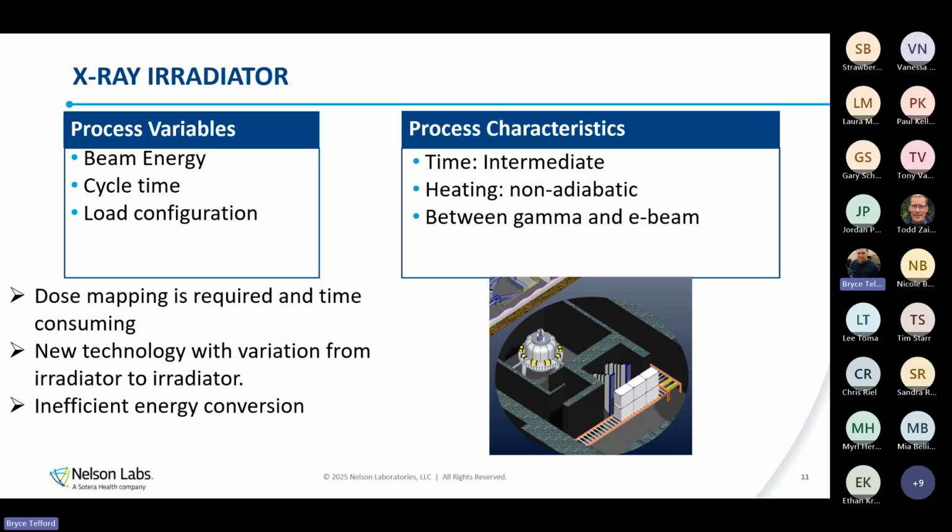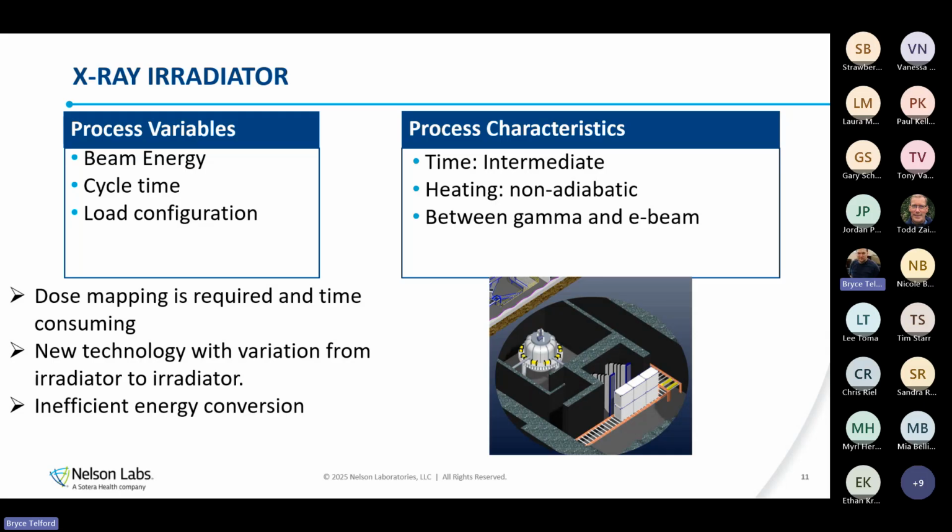Generally, just like with E-beam, dose mapping is required, and X-ray is fairly new to the market. It is growing, and there is getting to be a lot more X-ray in the market, but it is still relatively new. So you likely are going to see a little bit of additional scrutiny with that.